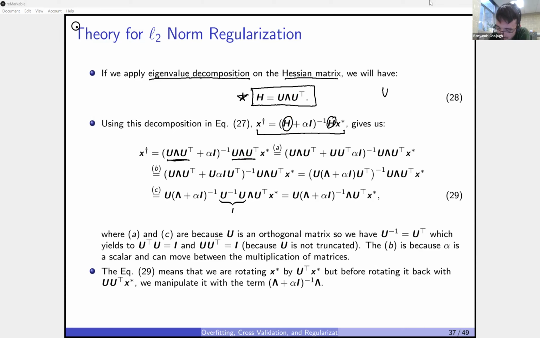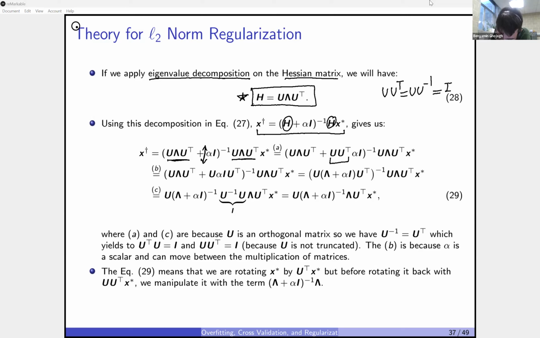Therefore, U U transpose becomes U U inverse. And if we don't truncate the columns of U, so it is a square matrix, U U inverse is the identity matrix. Therefore, I can insert U U transpose here. It doesn't have any impact. It's the identity matrix, right?